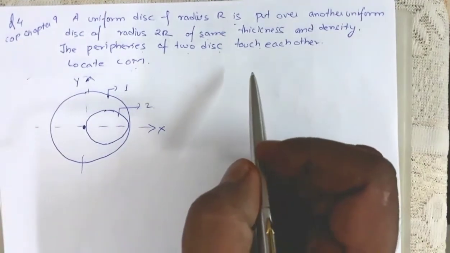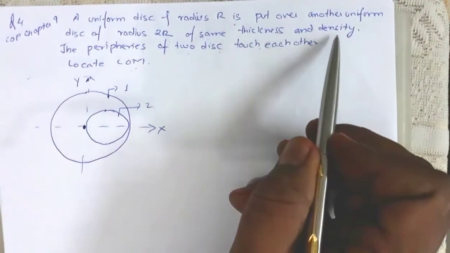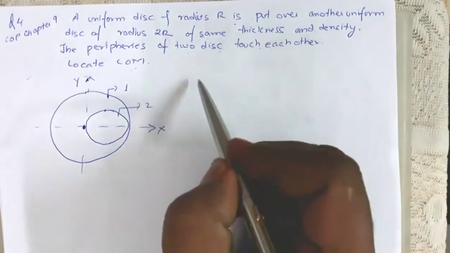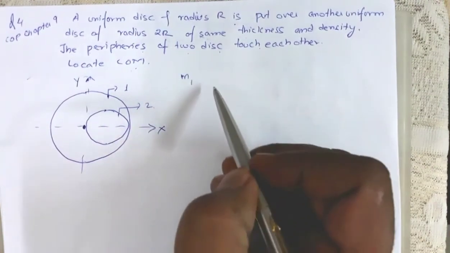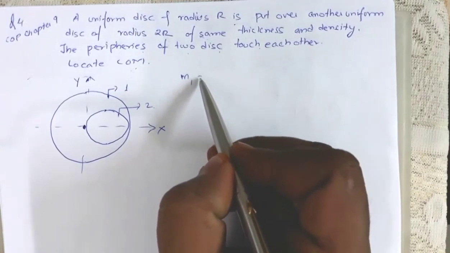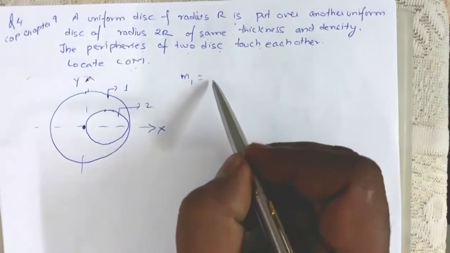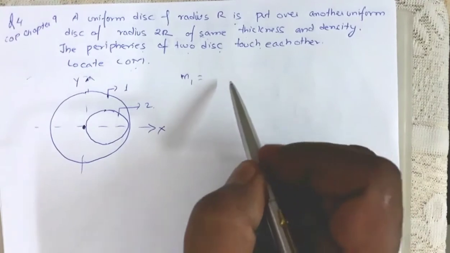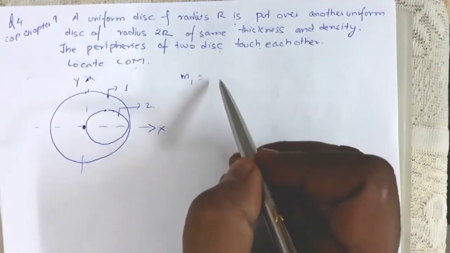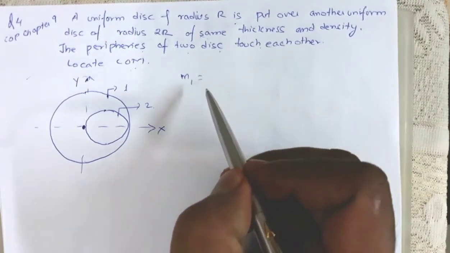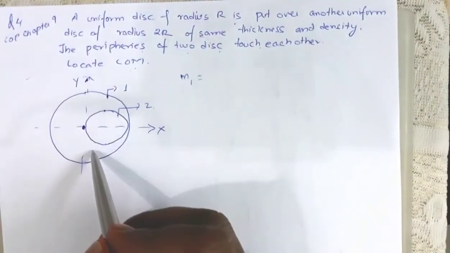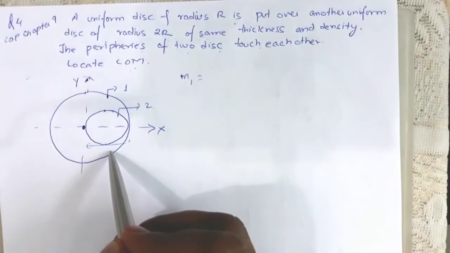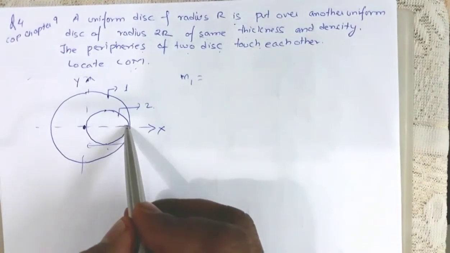Now both the disks have the same thickness and the same density. So mass of the first disk, m1: mass is volume into density, and volume is area into thickness. This bigger disk has radius twice r.